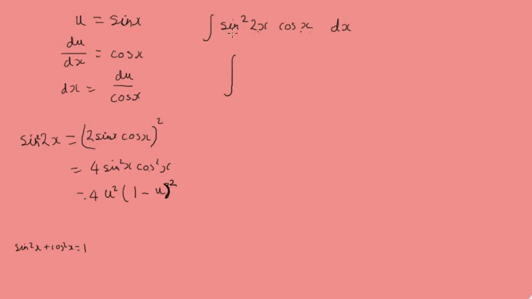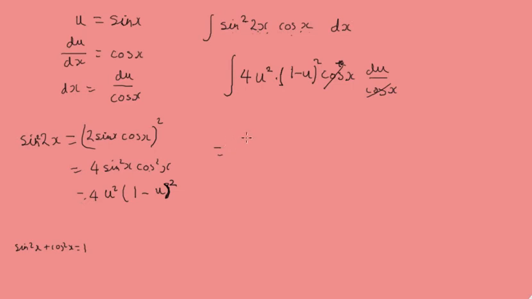So we've got sine squared 2x, which we made into this, so we've got 4u squared, 1 minus u squared, and then we've got cos x, and then the dx is du over cos x, so these cancel out.